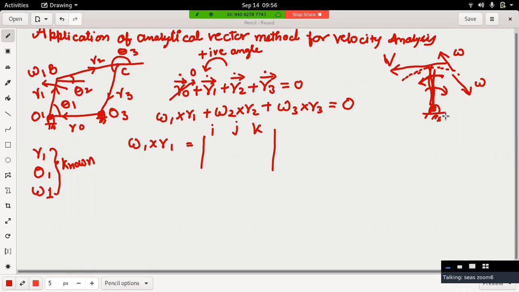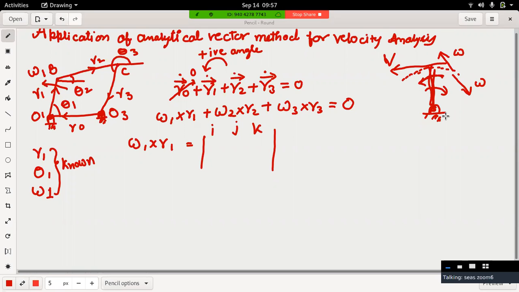Linear velocity is tangent to the path, and the angular velocity's direction is given by the right hand thumb rule, perpendicular to the plane in which it is rotating. So here we are talking about a 2D linkage system, and link R1 is rotating counterclockwise.